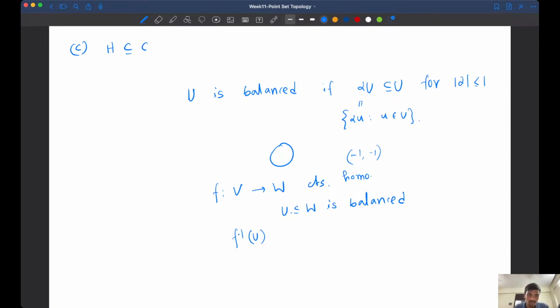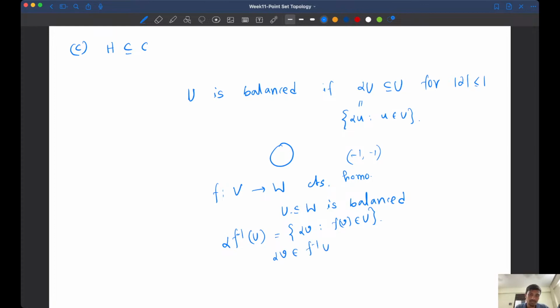So again, consider alpha F inverse U. This consists of all elements alpha V such that F of V belongs to U. Now can I say alpha V belongs to F inverse U?